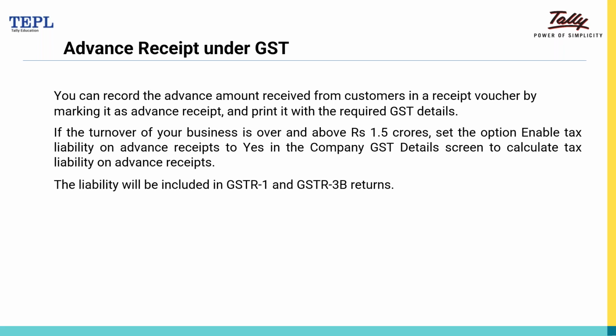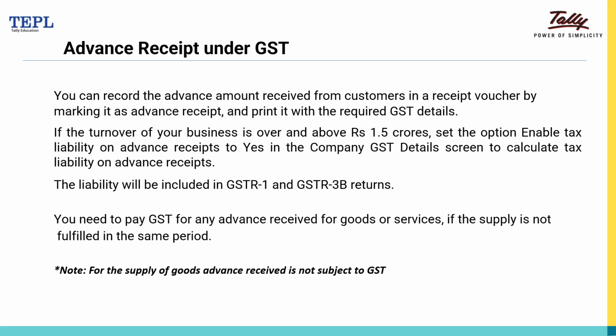The liability will be included in GSTR 1 and GSTR 3B. You need to pay GST for any advance received for services if the supply is not fulfilled in the same period. But here is one note: for the supply of goods, advance received is not subject to GST.